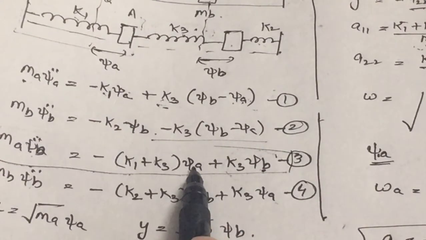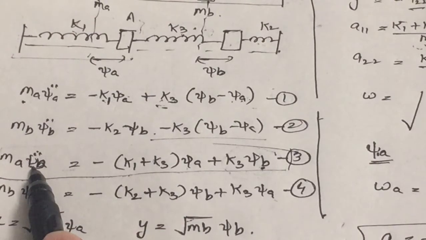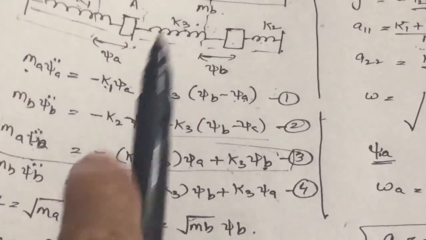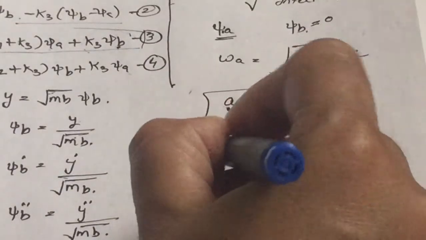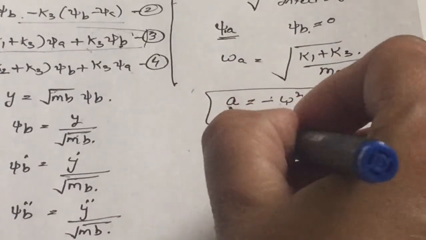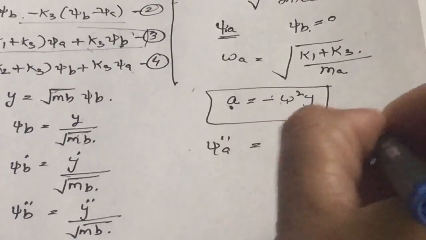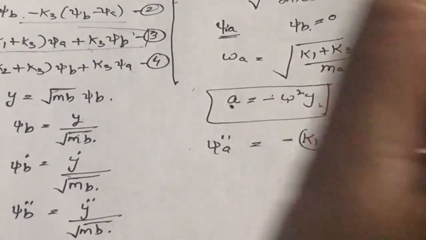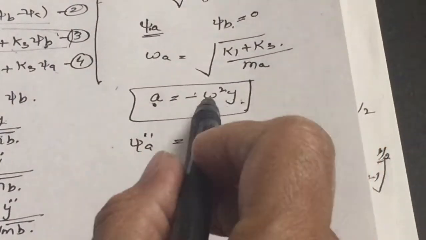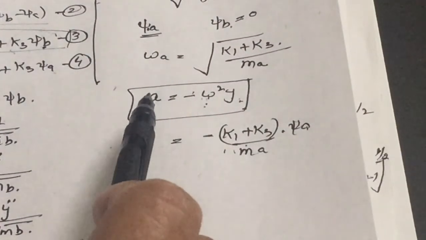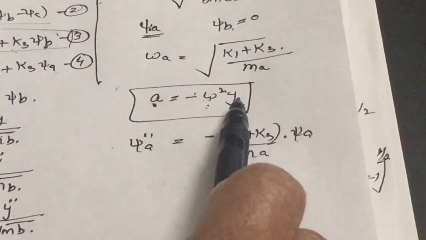This becomes psi a, that is displacement, and this is psi a double dot, the acceleration. What will you get from this equation? You will get psi a double dot is equal to minus k1 plus k3 divided by ma times psi a. This is our relation. If you correspond this relation with the earlier one, what will you see? This is acceleration, this is also acceleration, this is displacement, this is also displacement.